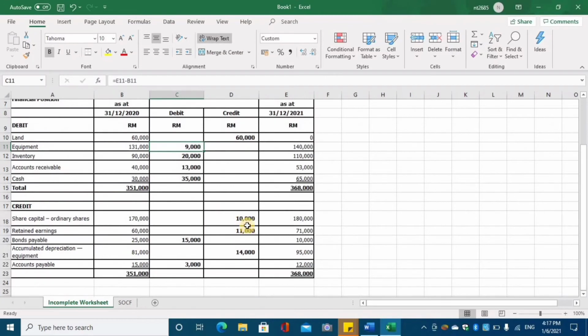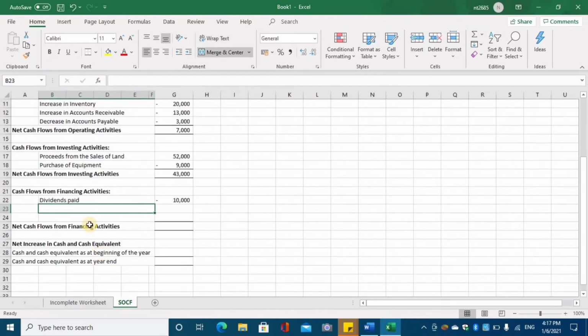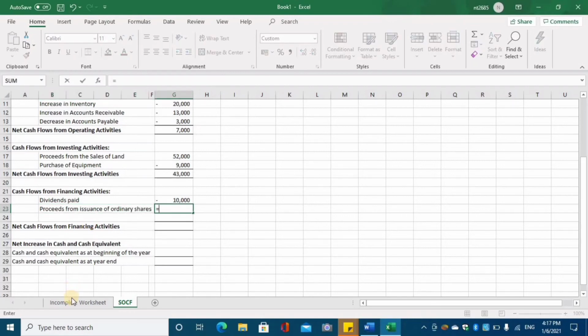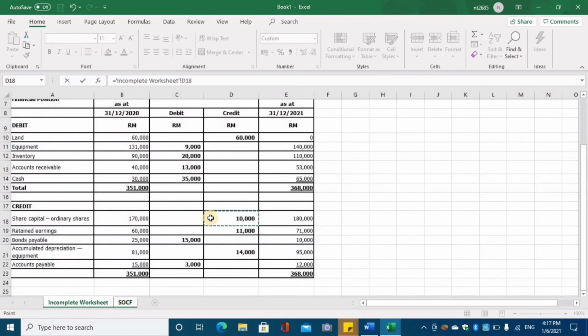Share capital 10,000. Proceeds from issuance of ordinary share, so equal to 10,000.